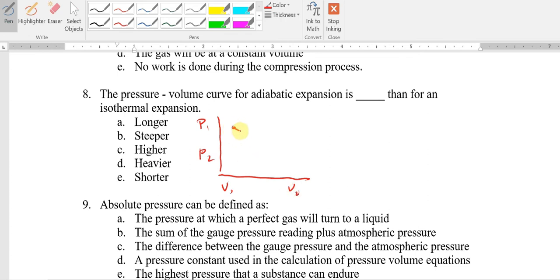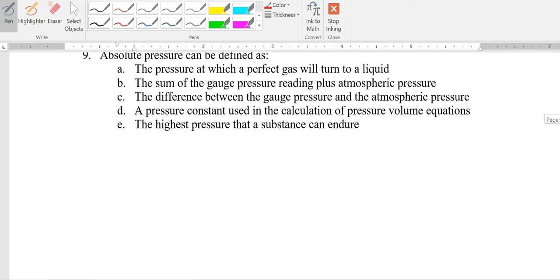Well, the isothermal will end up with the highest pressure because we have to add heat energy, and the adiabatic will wind up with the steepest curve. Everything else will be the quasi-adiabatic in between those two.